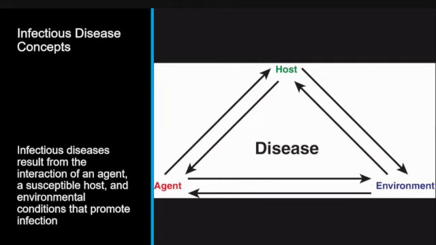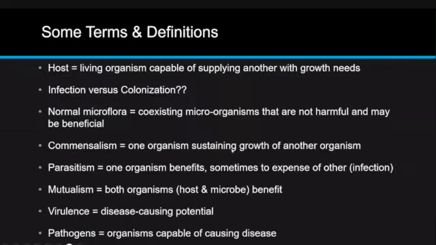So for them, it's just another meal and a place to live. But there are factors that enable these hosts to be infected, and there are environmental aspects to all of this. We talk about the external environment and the internal environment of the host. Lots of conditions can promote infection. So this is the famous triangle of interaction between those three components.